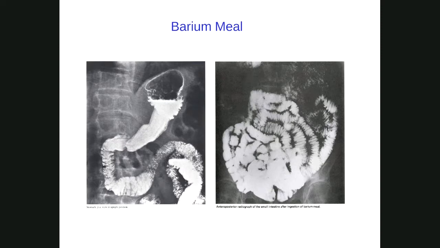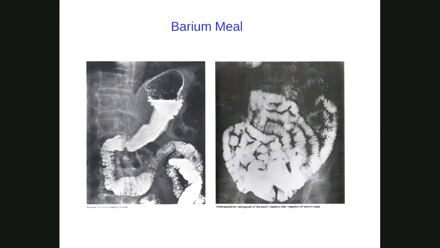So they give this liquid to the patient, and then the patient will drink it. And after drinking it, according to the time, they will visualize certain parts. For example, immediately after drinking it, they can visualize the esophagus. They give it some time, then the stomach, and later on, after a certain time, they can visualize the small intestine.